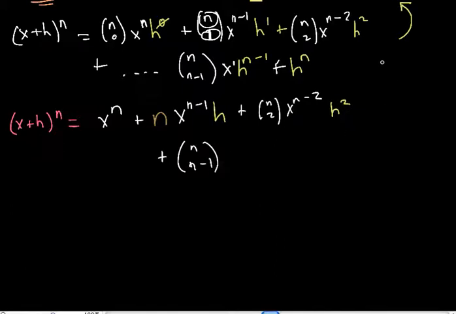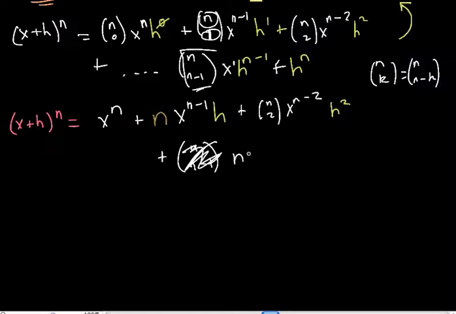Well, just a brief review, n choose k is the same thing as n choose n minus k, right? So this is actually just n. I'm talking about this guy right here, and I could just make that n x h^(n-1), and then my last term is just h^n.